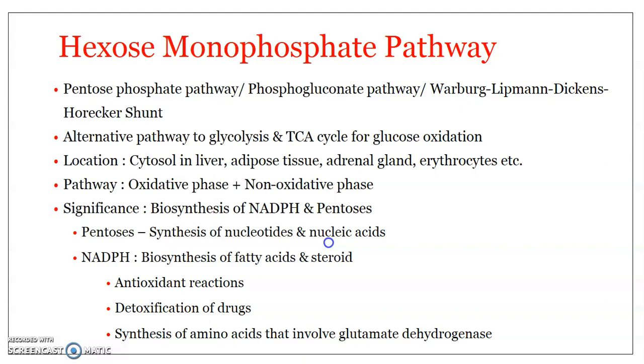This ribose 6-phosphate can be used for the synthesis of various kinds of coenzymes which involve nucleotides like ATP, NAD, FAD, etc. And it can also be used for the polymerization and synthesis of nucleic acids. So the HMP pathway has a very important role.